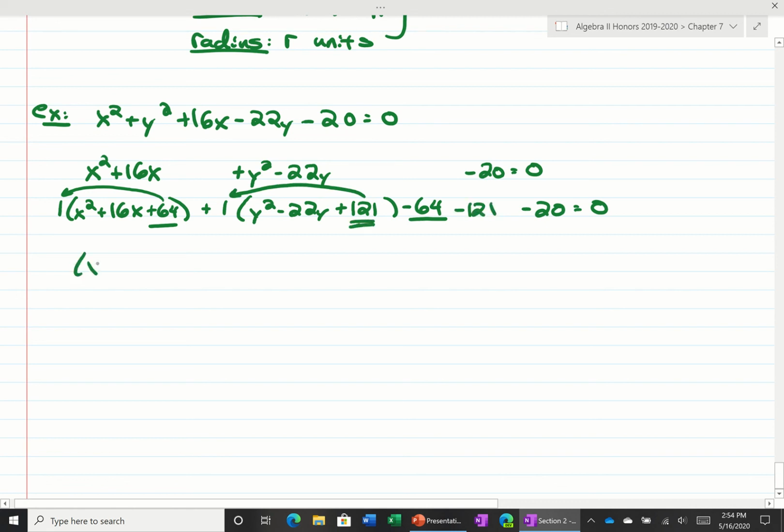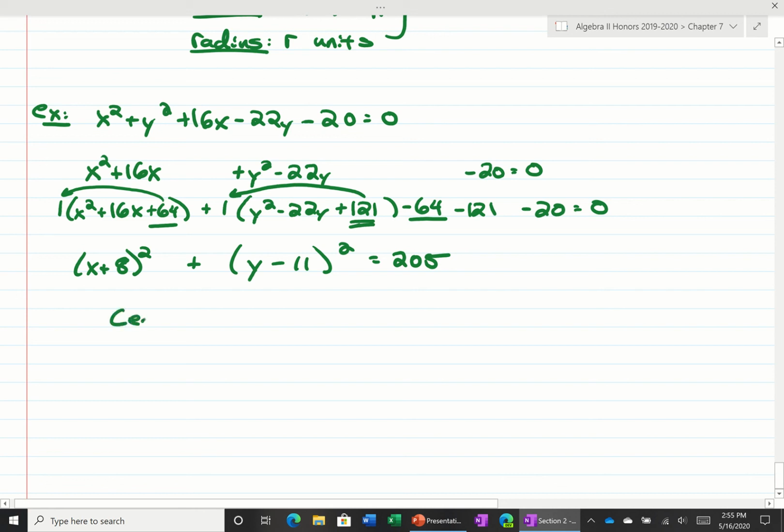And we wind up getting x plus 8 squared plus y minus 11 squared is equal to negative 64 minus 121 minus 20 is negative 205. So bring it on the other side, we get 205.